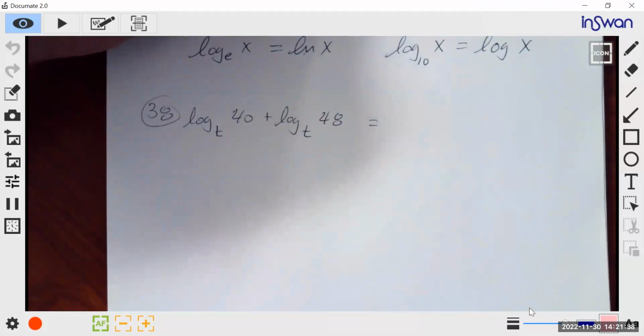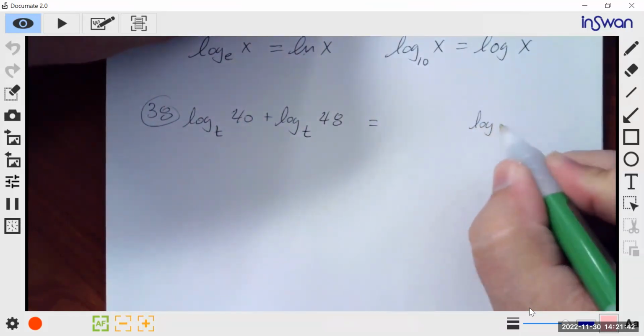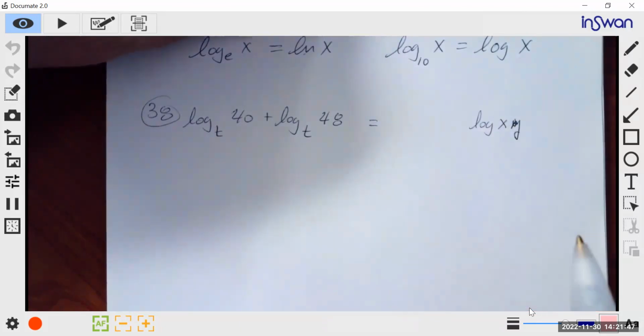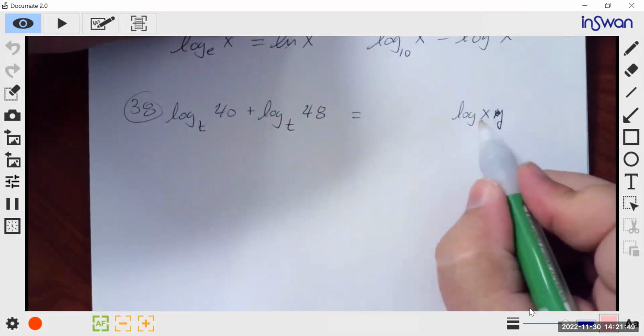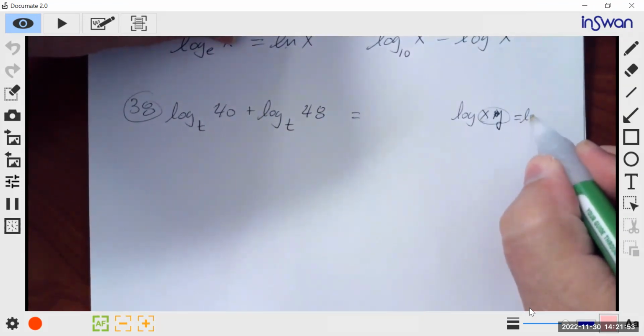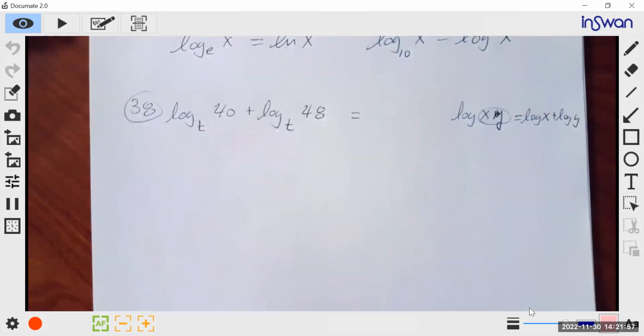The property of this one follows this: log of x times y. If I have a log and I have numbers multiplied, I can split them up: log x plus log y.